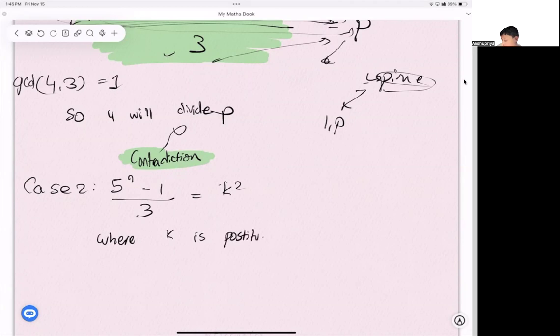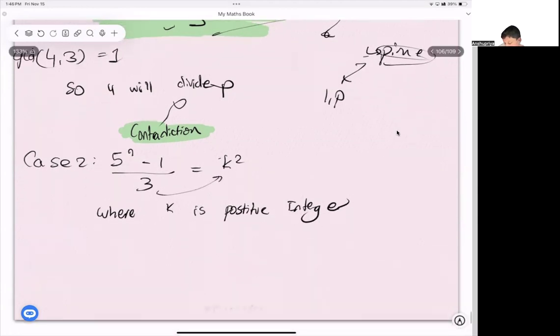Forgive me for my mistake. So I will take this to the other side and get 5^n - 1 is equal to 3k squared.